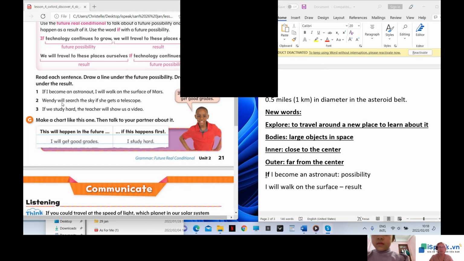What must she do first? If she must get a what? What must she get? She has to get a telescope. Yes, and what will happen? What will she do with the telescope? She will search the sky.